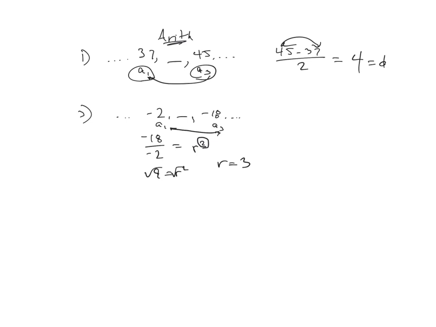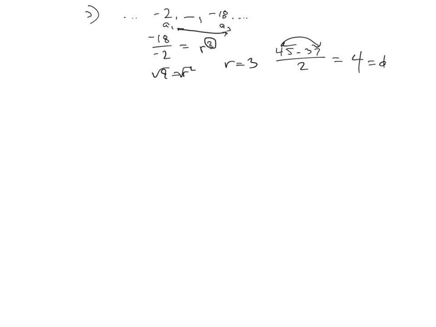All right, so let's fast forward this to problem number 7. So we have a sub 12 is 5. And it goes on for a long time, and we get over here to 49, and this is a sub 32.